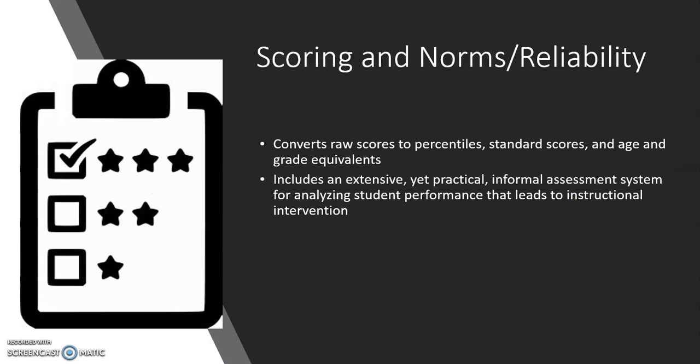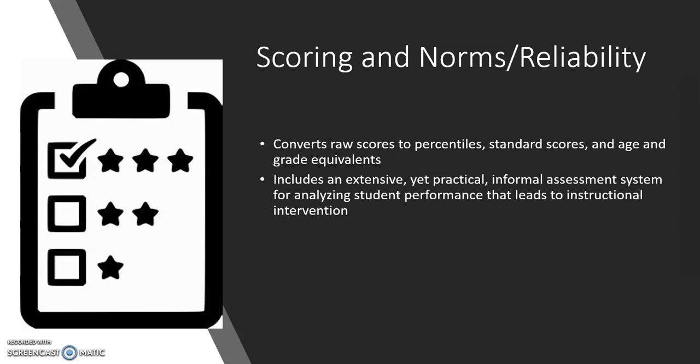The WIST converts the raw scores to percentiles, standard scores, and age and grade equivalents. It includes an extensive yet practical and formal assessment system for analyzing student performance that leads to instructional intervention. So the WIST really meets teachers' needs for detailed information that can be used to identify the areas in which students are having difficulty with reading and spelling, and to develop appropriate instructional interventions.